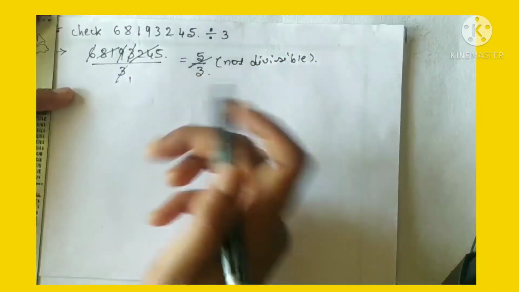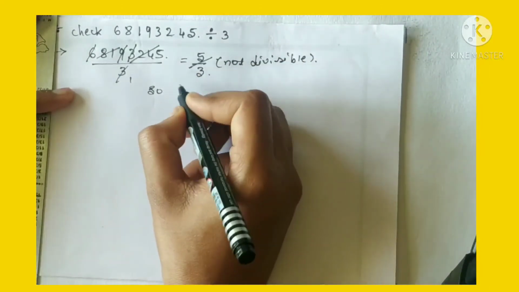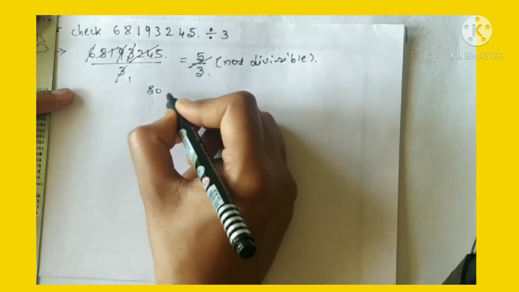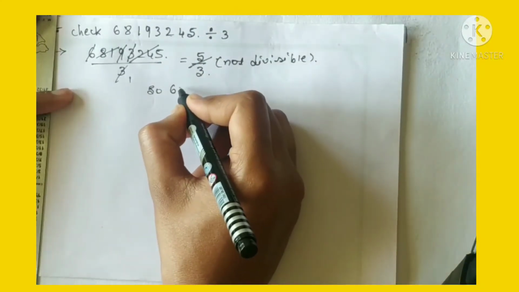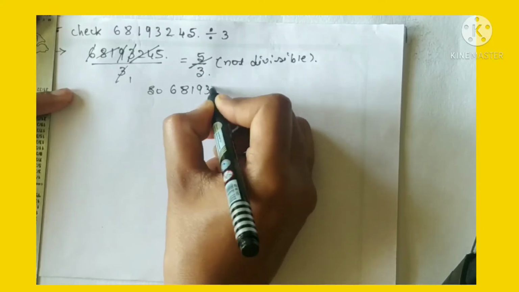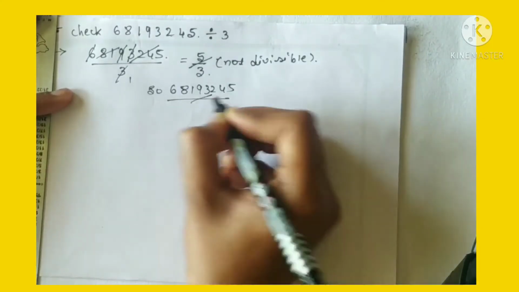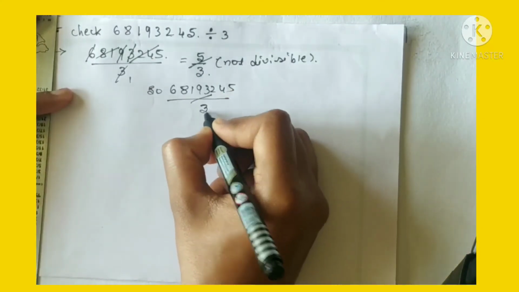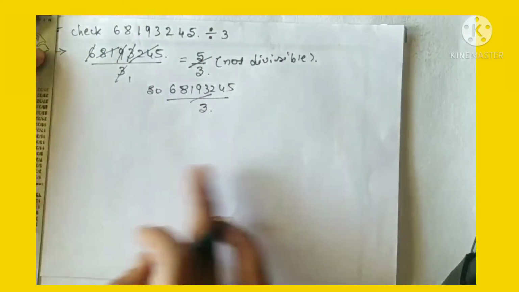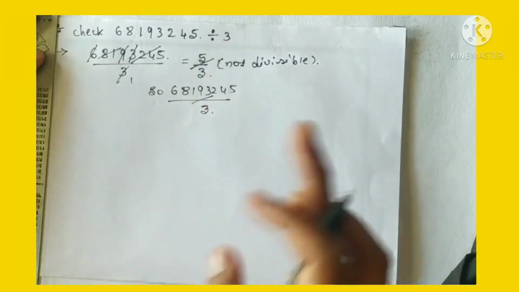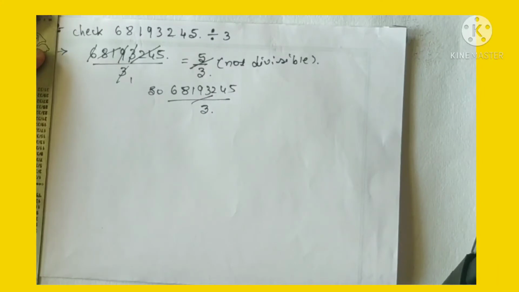So the given number is also not divisible by 3, because it does not satisfy the condition. Okay, this is all about one example regarding the 3 and 9 divisibility rule.